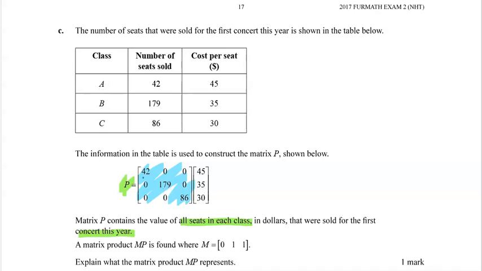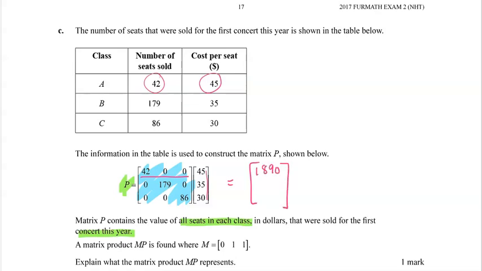because as we multiply, we work across our row and down our column, we're saying 42 times 45, so 42 seats at $45, which is 1,890, then plus 0 times 35 and 0 times 30. So it's only giving us that total value of those A-class seats sold, so 1890.